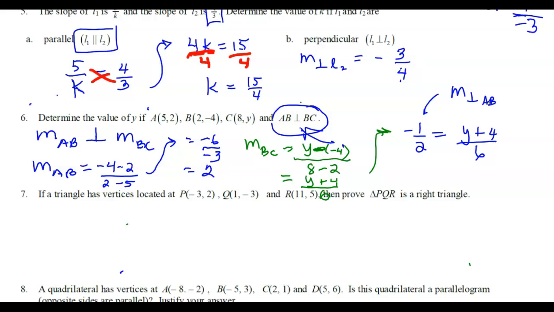And then use that cross product property. So when we do that, I'm going to take the part of the cross that has the y's in it. So it'll be 2 times that whole numerator. So that's going to be 2y plus 8 equals negative 6. Then solve for y.